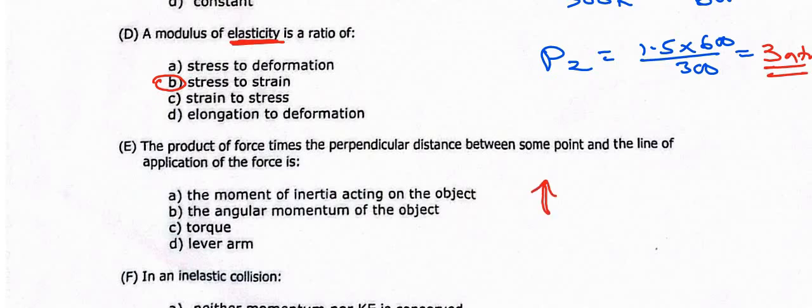So if you have a force, this is your force there, and the distance has to be perpendicular from the force. When you multiply these two, what do we call it here, guys? What's the answer going to be? It's torque, right? Yes, torque is the one that gives us this. So the direct answer here will be C. So our answer is torque.